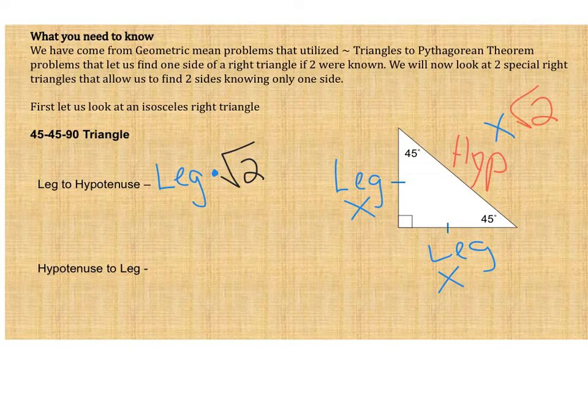Now how do I go backwards? How do I go from my hypotenuse to my leg? Well, you would take your hypotenuse and divide by root 2, right? Because you're going backwards. So that's the rule if you have a 45, 45, 90 right triangle. It's an isosceles right triangle.